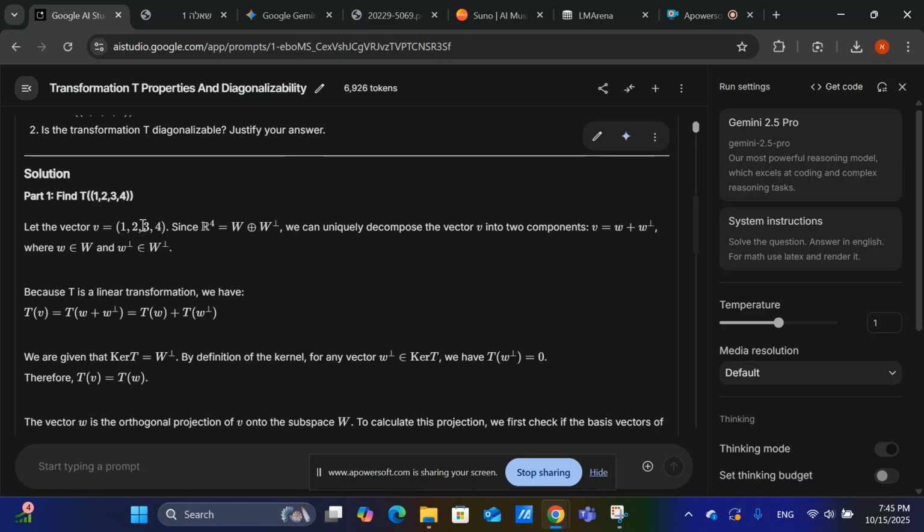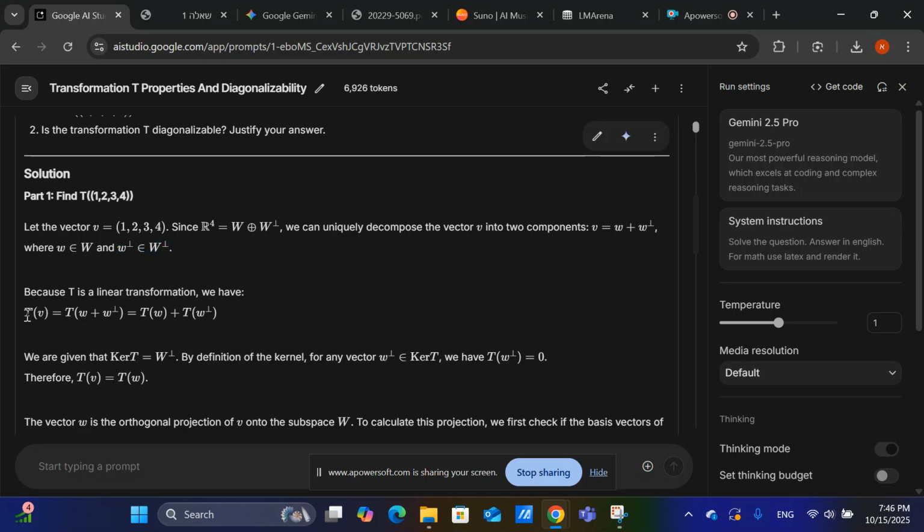So here is our vector V, let's call it, and here is what I said, the orthogonal decomposition of R4. So we can decompose the vector V into two components, W and W complement. W comes from the W subspace and W complement comes from the subspace W complement.